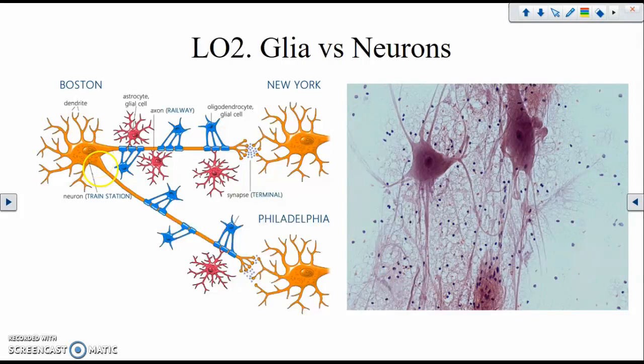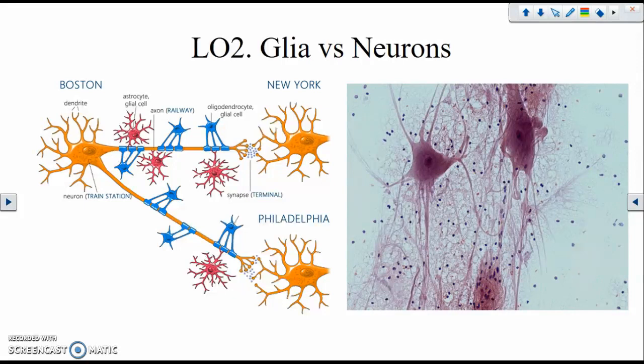Okay, what is shown here is that there are also macrophages, which are immune cells that circulate in the nervous system. All right, and then here you have this blue cell called oligodendrocytes. Now there are actually two types of these cells. In the central nervous system, which is the brain and spinal cord, they are called oligodendrocytes. In the peripheral nervous system, they're called Schwann cells. What oligodendrocytes or Schwann cells do is create myelin.